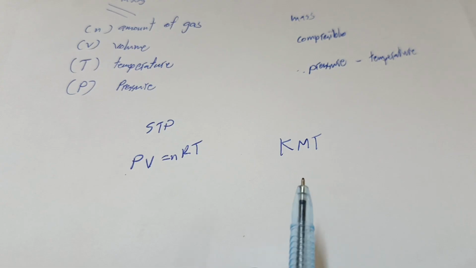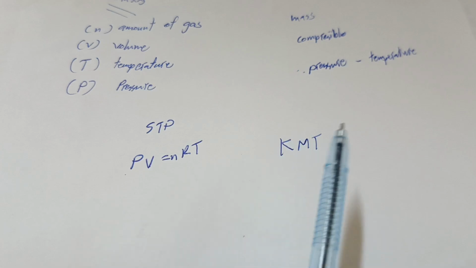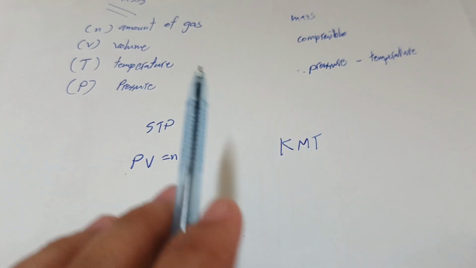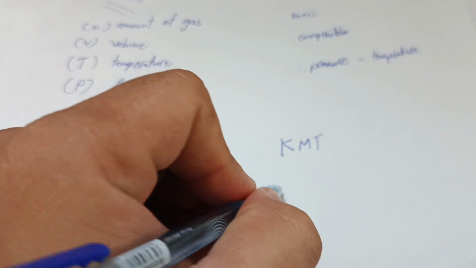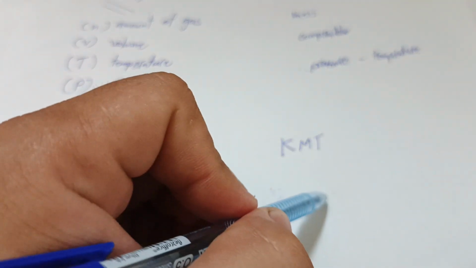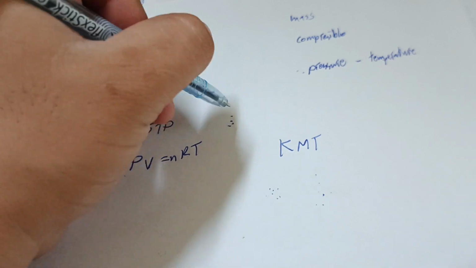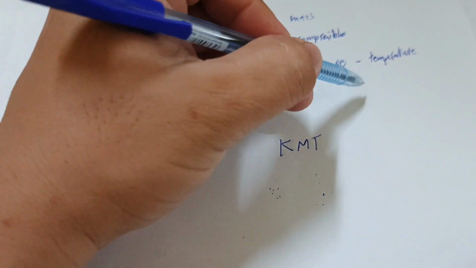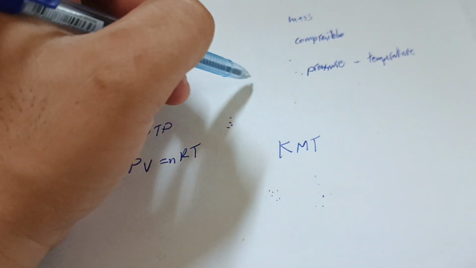The second postulation of the kinetic molecular theory states that the distances separating gas particles are relatively large. If solid particles are compact and liquids are slightly compact, then gases are loosely separated from each other.